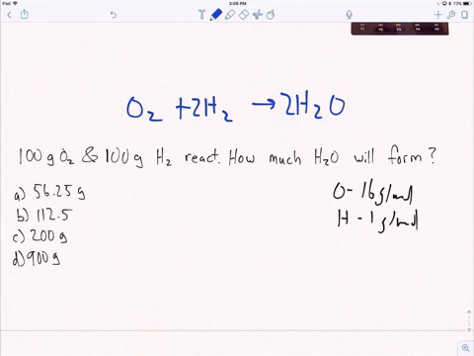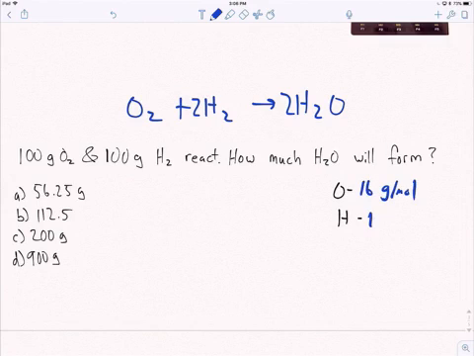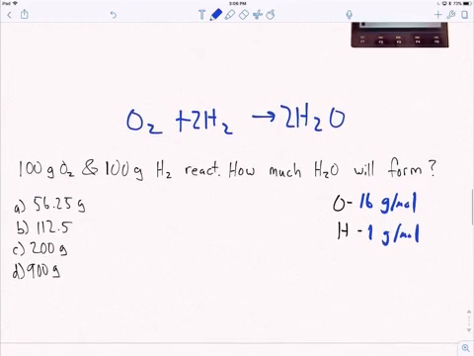Oxygen is 16 grams per mole, hydrogen is 1 gram. Is anyone getting stuck? Has no idea what to do?